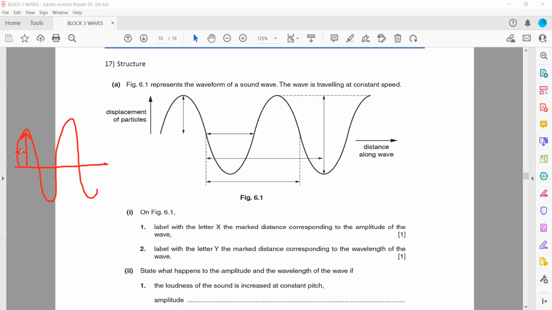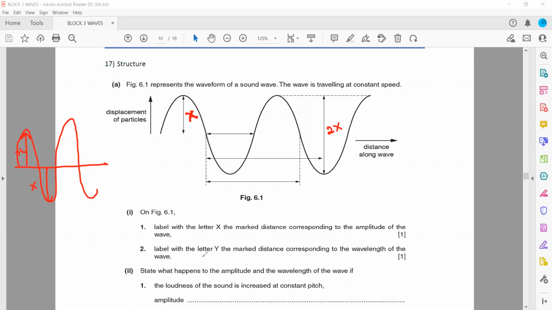So either the vertical upward displacement or the negative displacement from the mean position is the amplitude. So which arrow represents the amplitude? The first arrow is X, the amplitude. Not this one, this is double the amplitude, because you can see it goes up and down both. So this arrow does not represent amplitude. This represents twice the amplitude.